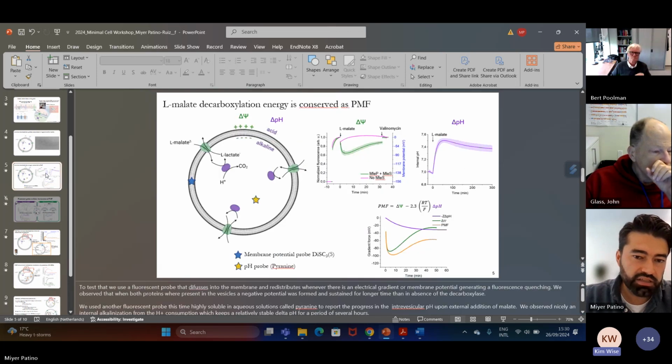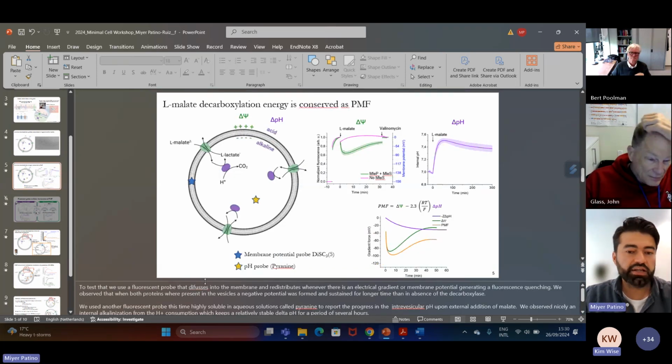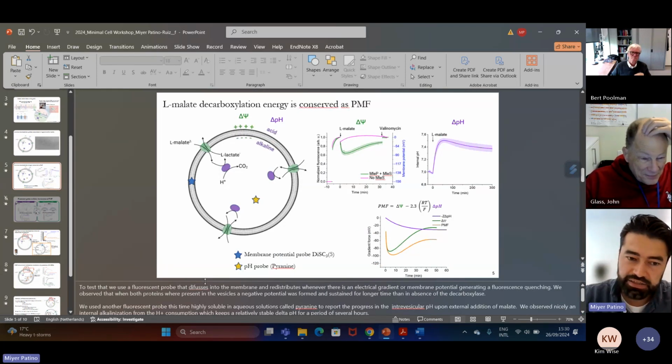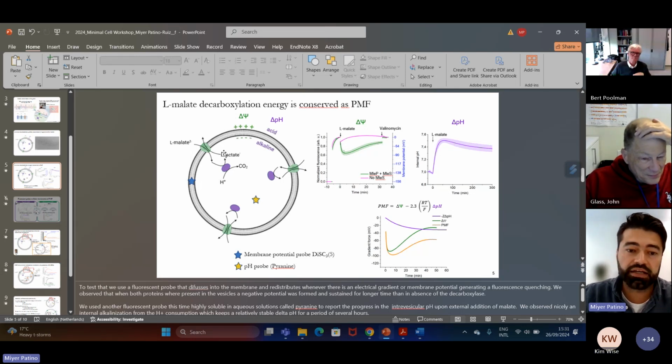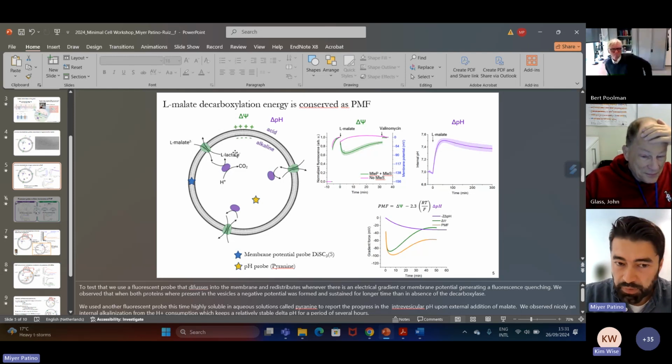No, it is actually exchanged by malate. The transporter works much faster when malate is exchanged by lactate. But if at some point the accumulation of lactate is high, biological membranes are highly permeable to this type of weak acids. So in principle, it could also go through the membrane by passive diffusion.